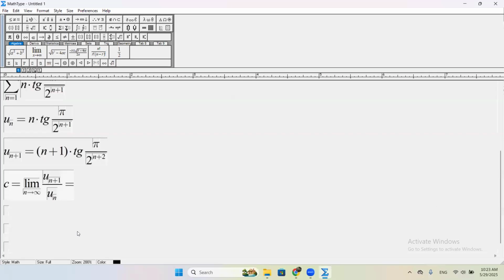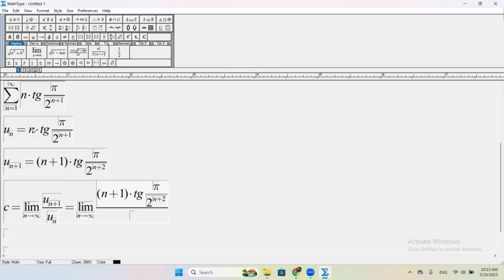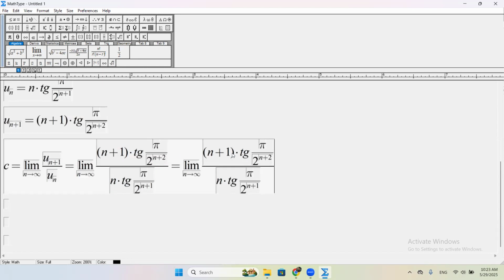So calculating the limit. So the limit will be the following. Okay, but let me write it down like this. First of all, by the way, let's cancel n and n plus 1 because they're equivalent when n approaches infinity. And what about tangents?